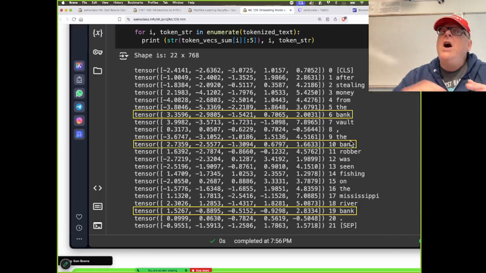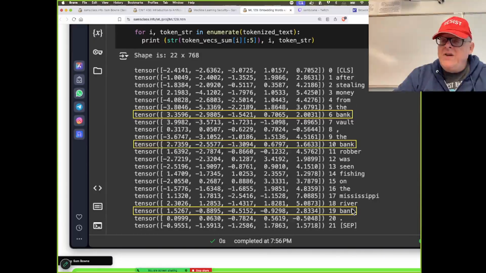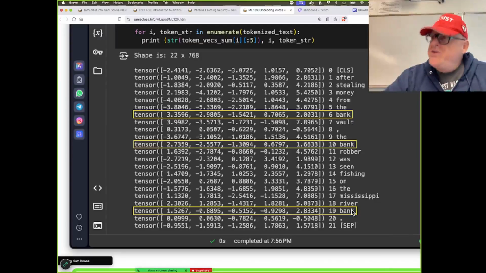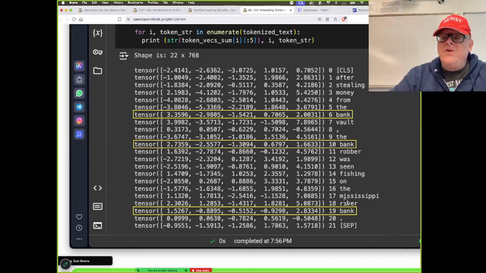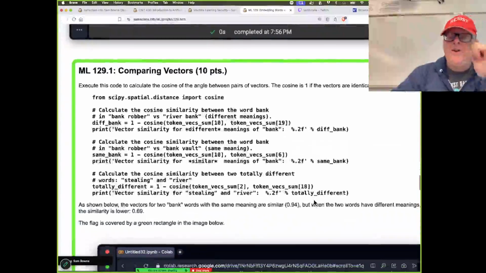So from context, the same way a human would, the LLM has detected that these 2 uses of the word bank mean the same thing, but this use of the word bank means something different. So it does not actually understand any of the words or know what they mean, but it does know when they appear in context next to other words and when they don't. And so it can deduce which meaning is actually used.